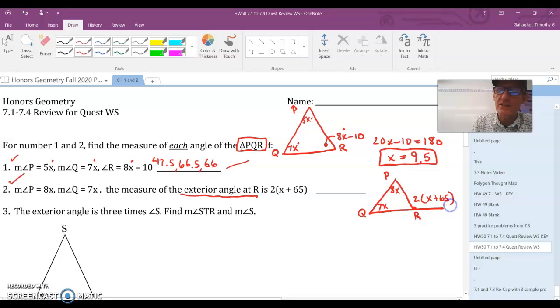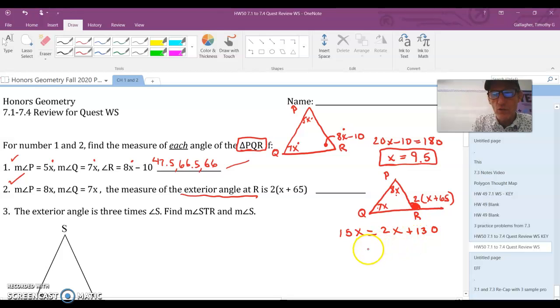So we apply the exterior angle theorem that says the exterior angle is equal to the sum of the two remote interior angles. So I get 15x from these two equals, I'm going to distribute this to 2x plus 130.